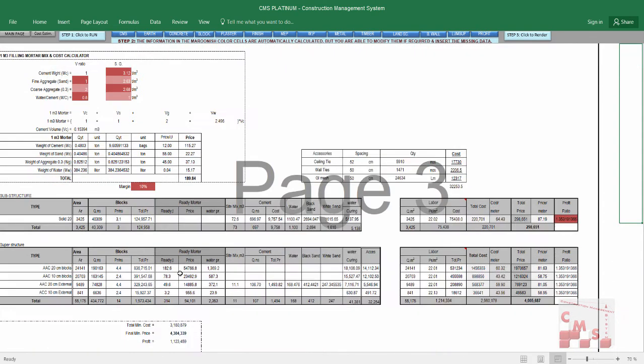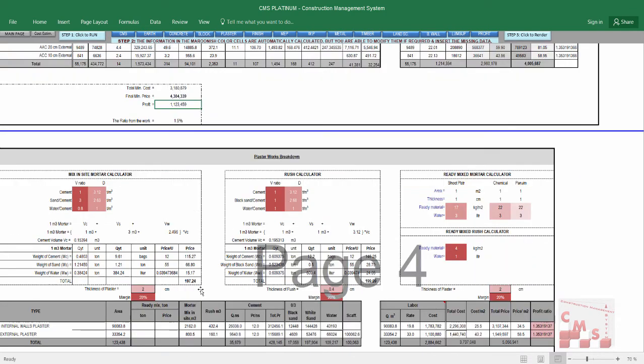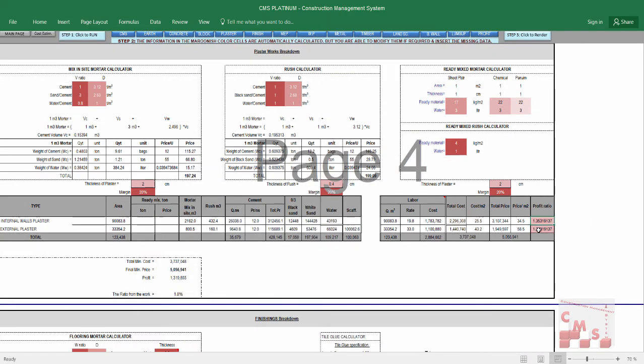Block work, we have also the same. So now we have a price per meter different than the cost per meter for each type of block, and we have now the cost for all block work and profit. The same also for plaster. That's the profit ratio, that's the cost per meter, that's the price per meter, and that's the total cost and total price, and so on.